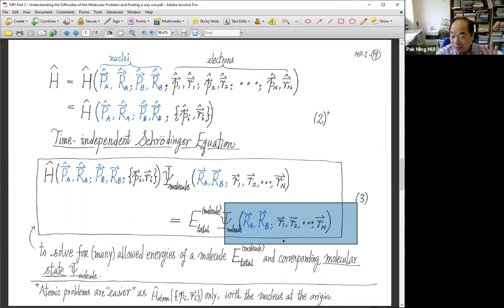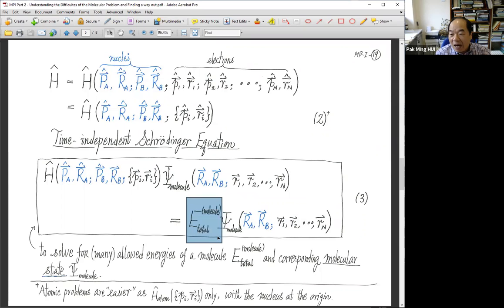Nothing fancy, we know that, but it is worth looking into what all these symbols mean. I want to emphasize that we are solving for the allowed energy of the whole molecule. This is the E molecule. I included a subscript total there.